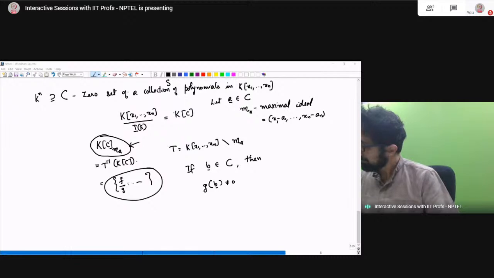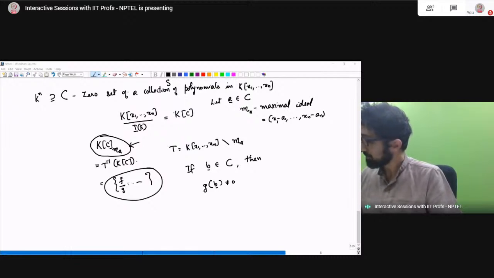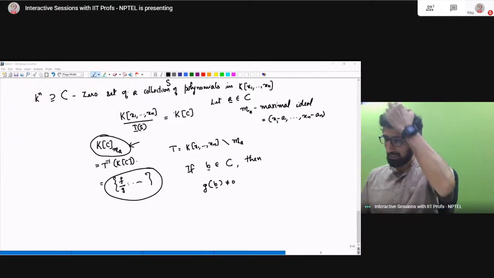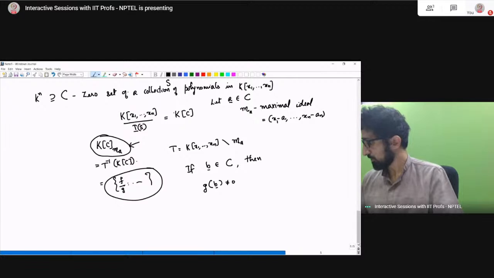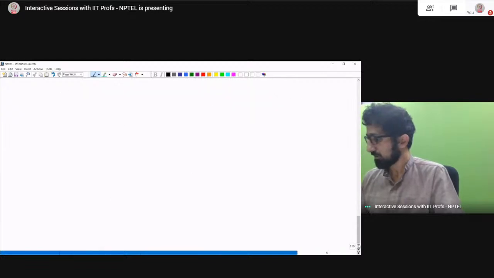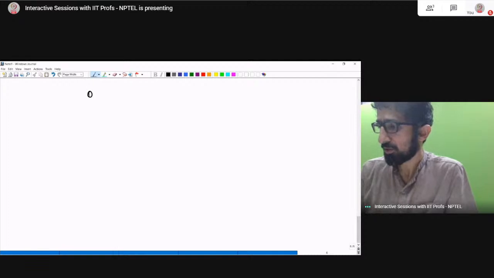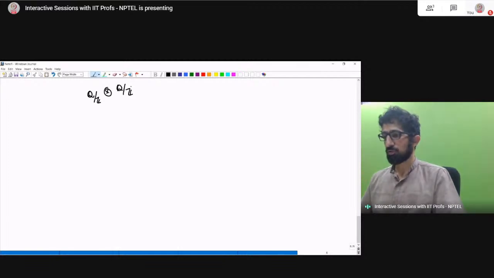I'm having difficulty computing the tensor product of the Z-module Q mod Z with itself. I mean, it's not clear what you are expecting here. Your Q mod Z, what is it? Tensor product of Q mod Z with itself.